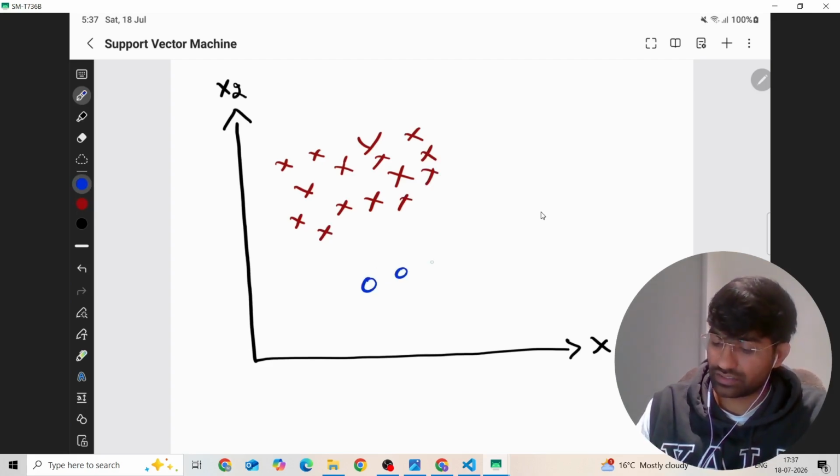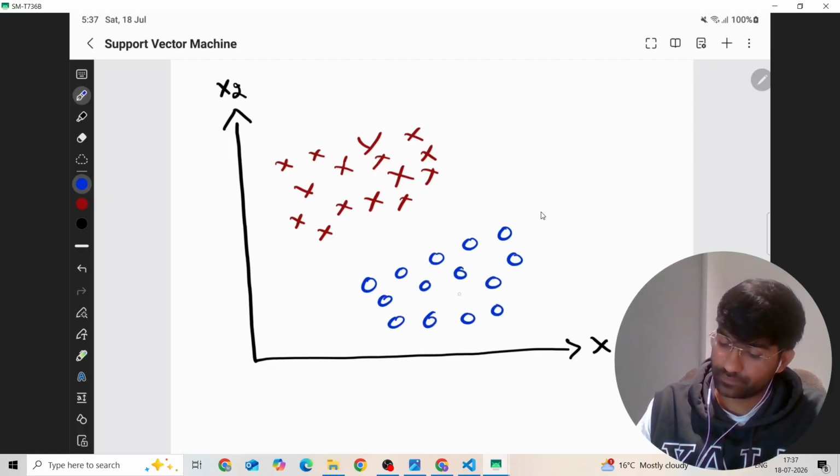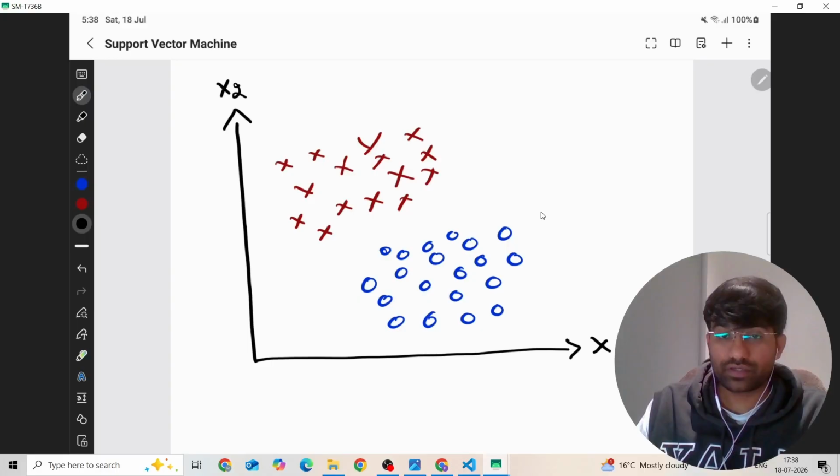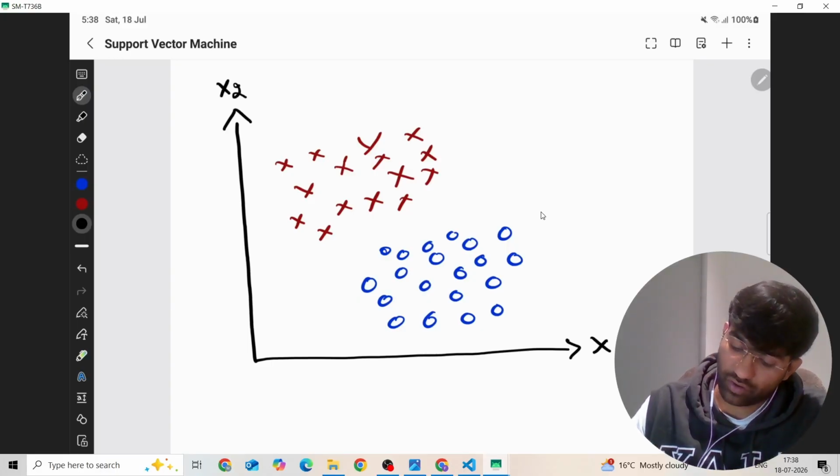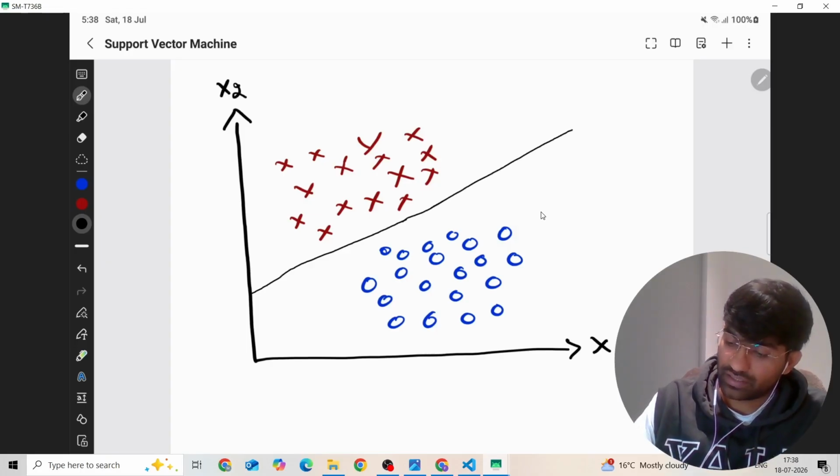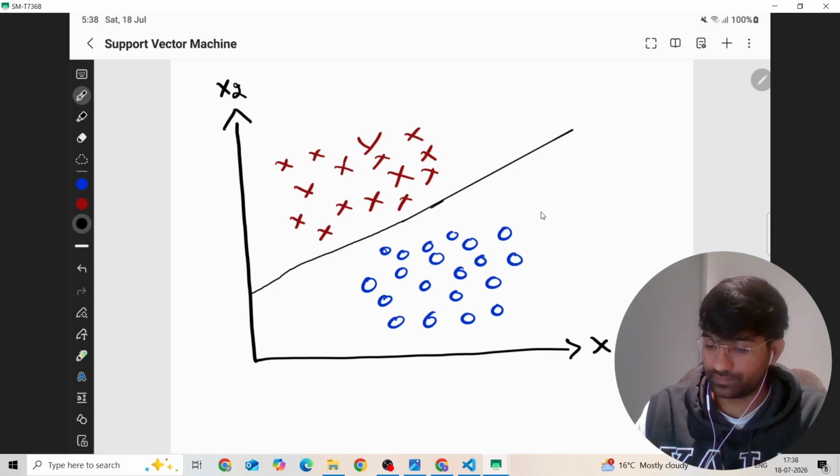And this is class 1 and class 2. So what the support vector machine does is it first draws the best fit line, which will make the classification.